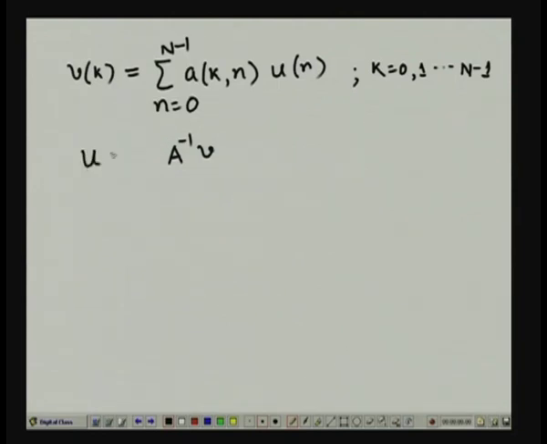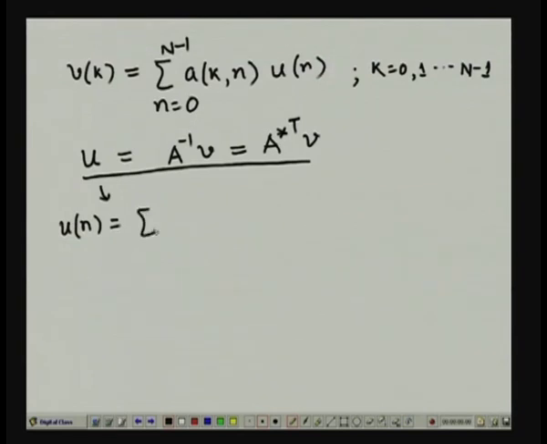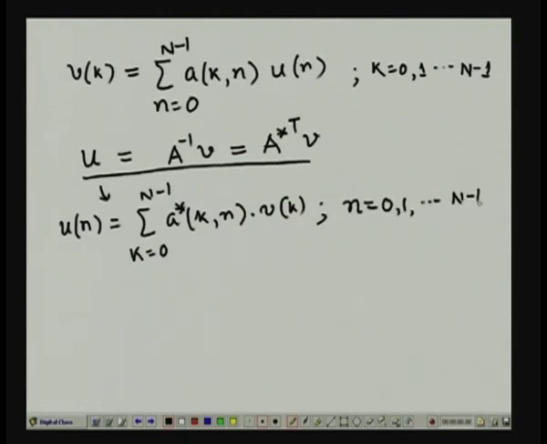This should give me the original vector u, and because this is a unitary matrix, A inverse V will be nothing but A conjugate transpose V. If I represent this same equation as a series summation, it comes out to be u n equal to the sum of A star k n times V k, where k varies from 0 to n minus 1, computed for all values of n varying from 0, 1 up to n minus 1.